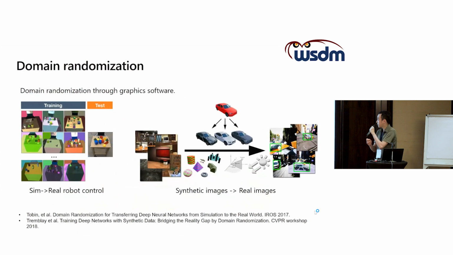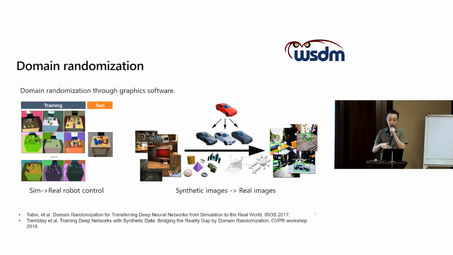Here is another kind of method: instead of doing data augmentation through signal processing or image processing methods, we can also rely on graphics software to do this domain randomization, which leads to synthetic-to-real-world data adaptation.